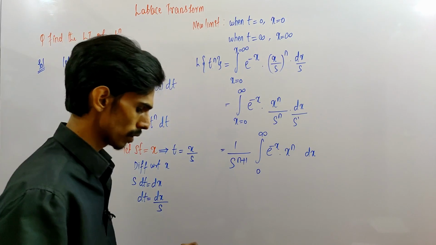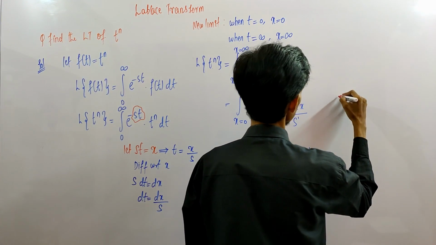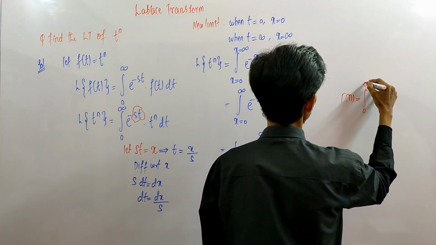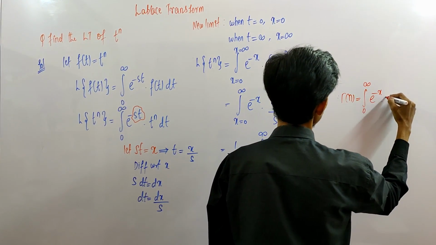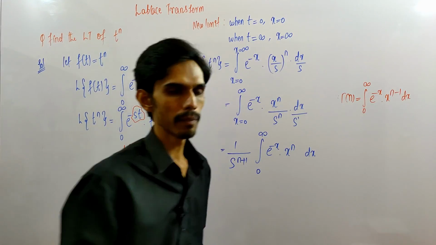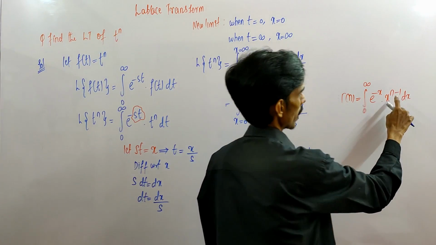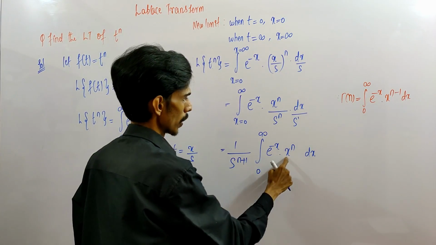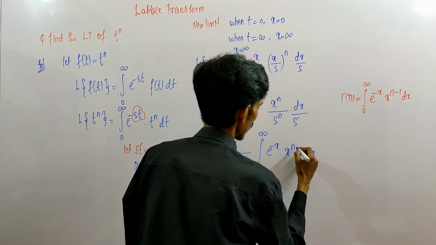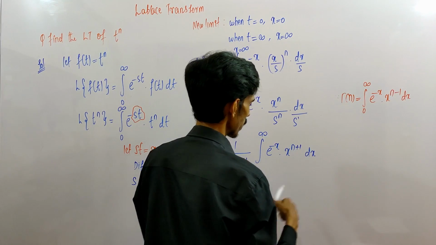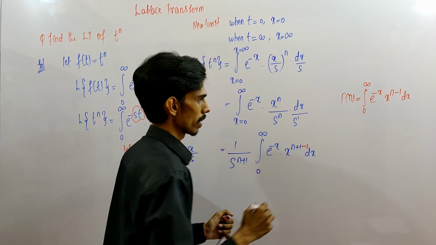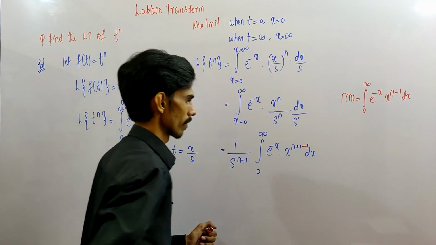We know that from the gamma function, gamma of n is the integration 0 to infinity e power of minus x into x power of n minus 1 dx. Here we have n minus 1, here also we require minus 1. So what we are doing, we are adding plus 1 minus 1 here, so that we have minus 1 here.